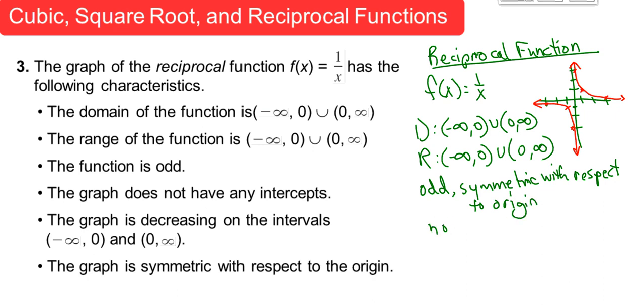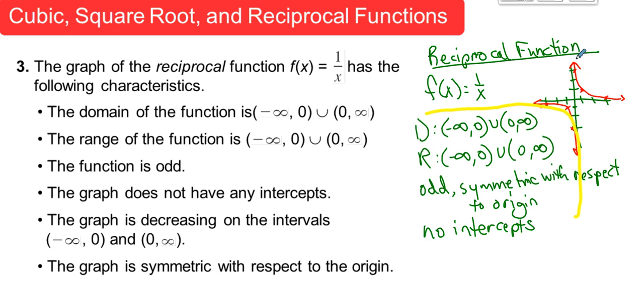It has no intercepts, no x-intercept, no y-intercept, so no intercepts. And uniquely, it is decreasing over its whole domain. So think about that negative a million there. It's decreasing ever so slightly and then very sharply. It's undefined there.